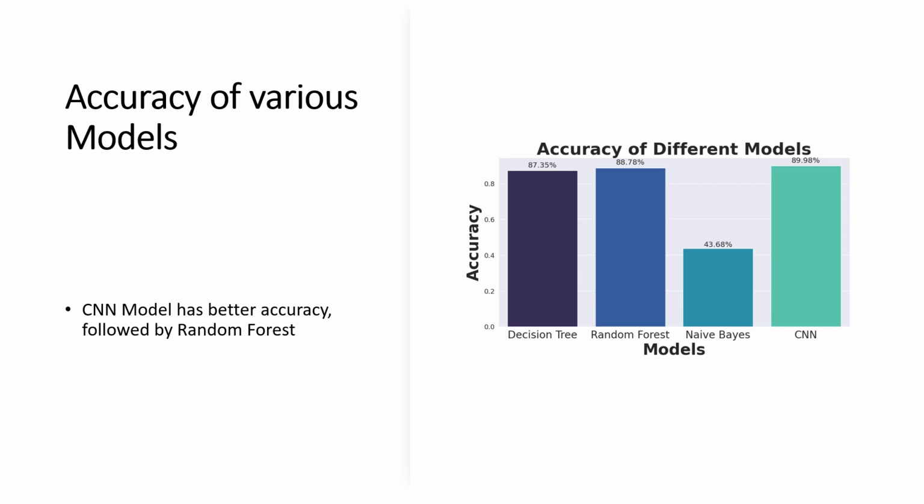The highest accuracy we have here is 89.98% for CNN, followed by Random Forest at 88.78%, and the next would be Decision Tree at 87.35%. The least one is Naive Bayes, which has very low accuracy at 43.68%.